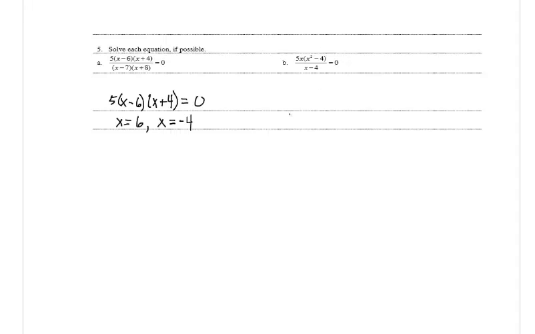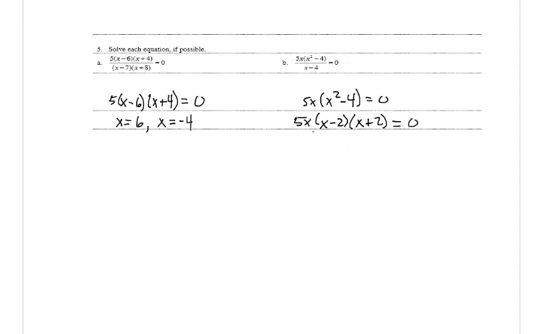For b, we're going to start with setting the numerator equal to 0. So we have 5x times x squared minus 4 is equal to 0. And now I want to write this in all linear factors. And we have a perfect square here. So I have 5x times x minus 2 times x plus 2 is equal to 0.